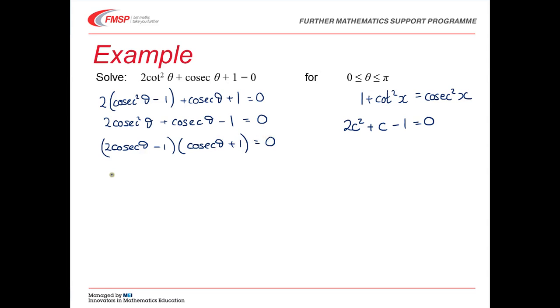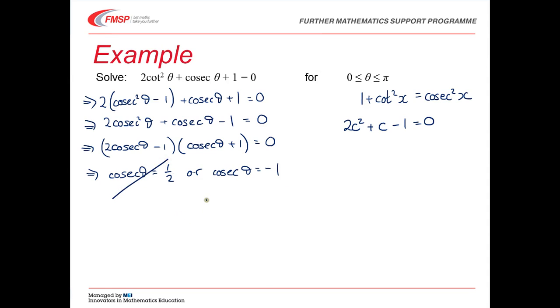And that gives us 2 possible options. Cosec theta equals a half, or cosec theta equals minus 1. Now sine has to be between -1 and 1, so cosec can't be between -1 and 1, so that one's not possible.